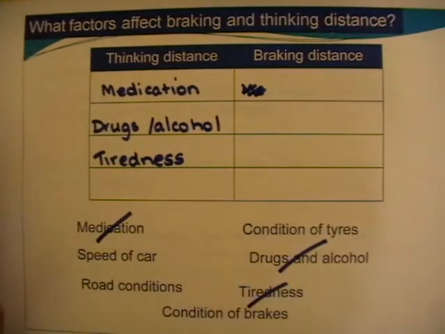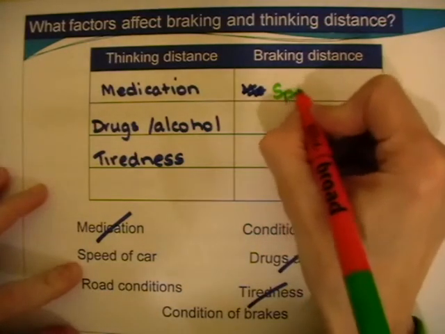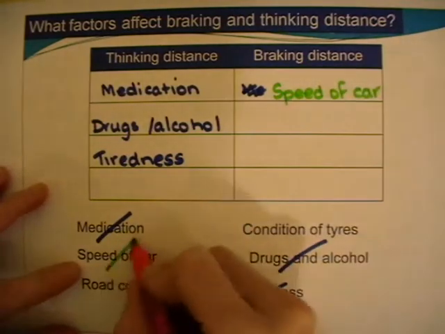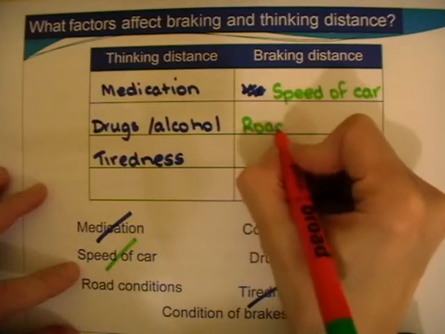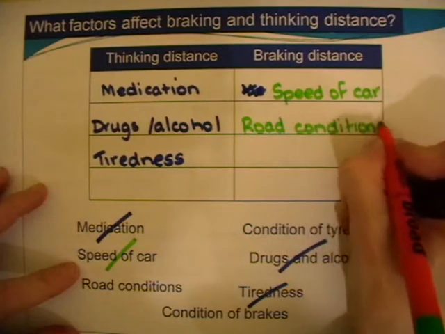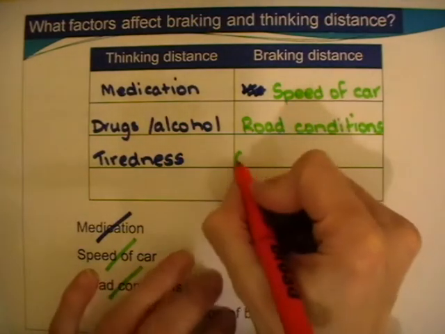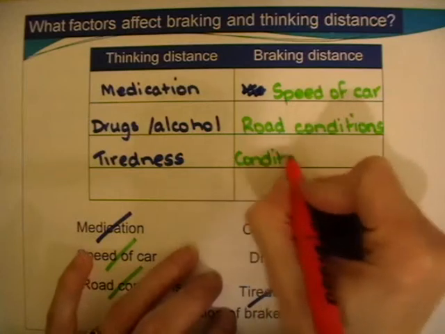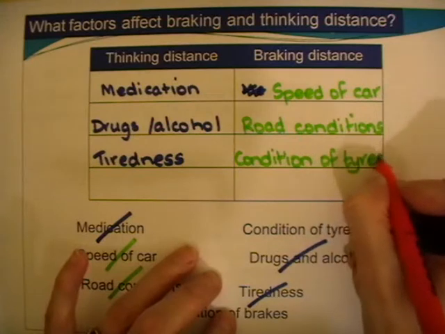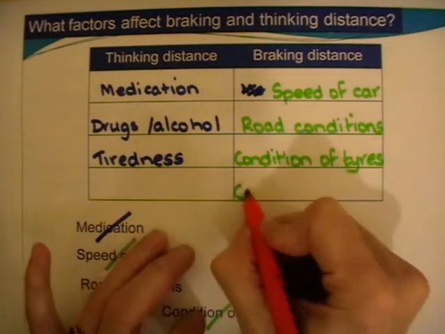Then all these other things are going to affect what the distance you travel is during your braking time. And so the speed of the car, the road conditions, the conditions of your tyres, and that's why you can get penalty points on your licence if your tyres are not in good enough shape, and the condition of your brakes.